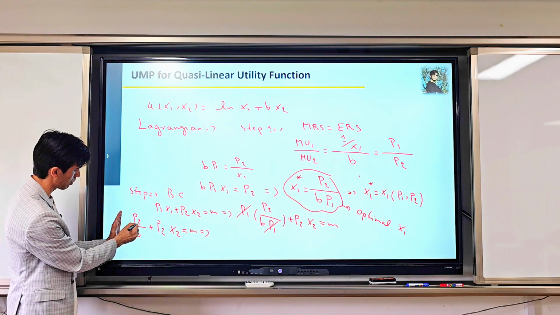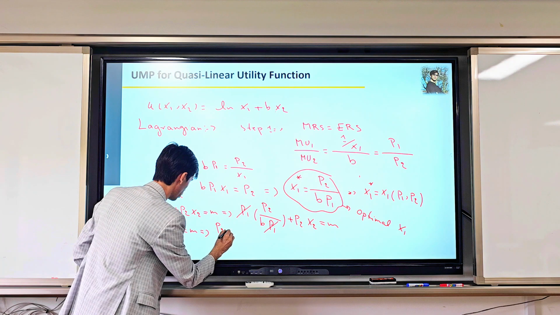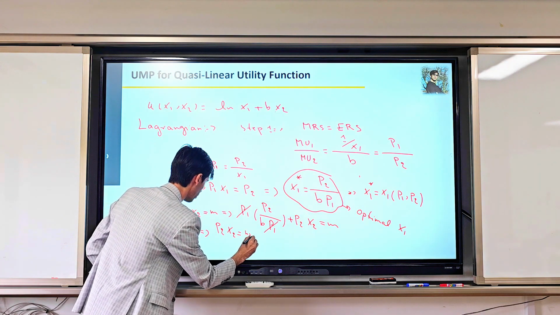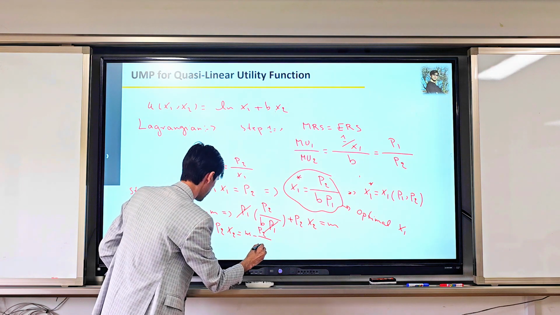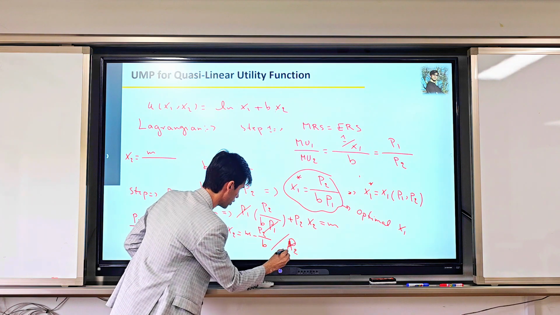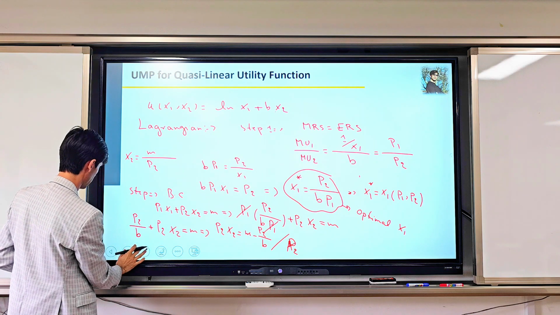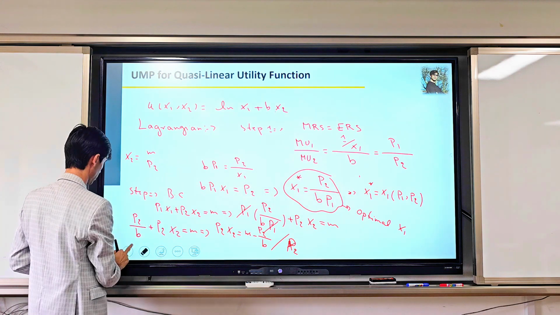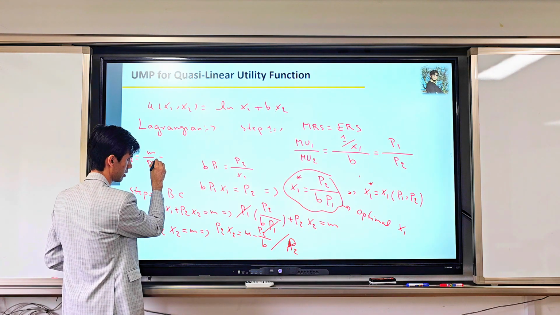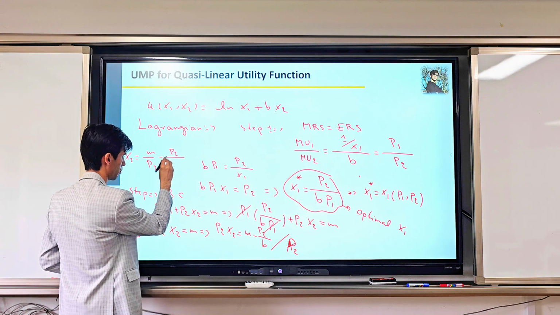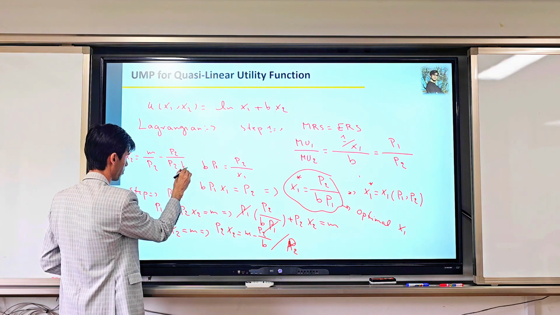Then we can move that p2 over b to the other side of our equation, so p2 x2 is equal to m minus p2 divided by b. We can divide both sides by p2, so we get m divided by p2 minus p2 divided by p2 multiplied by b.